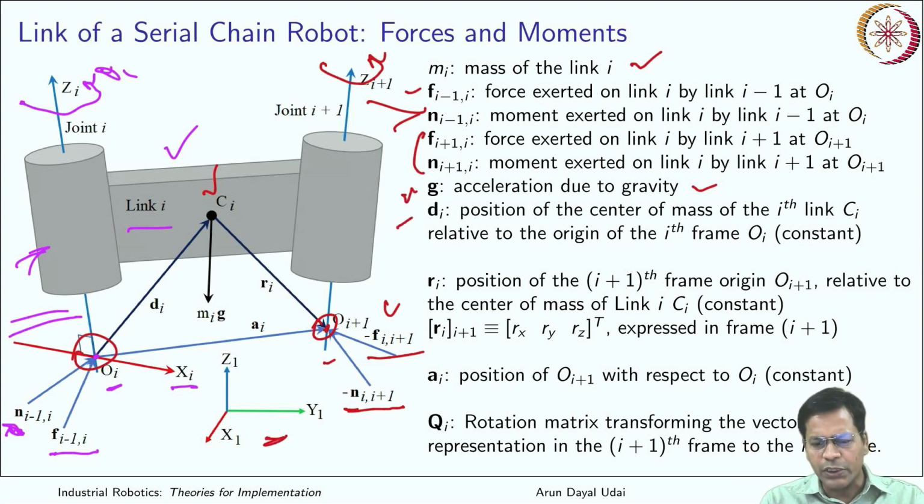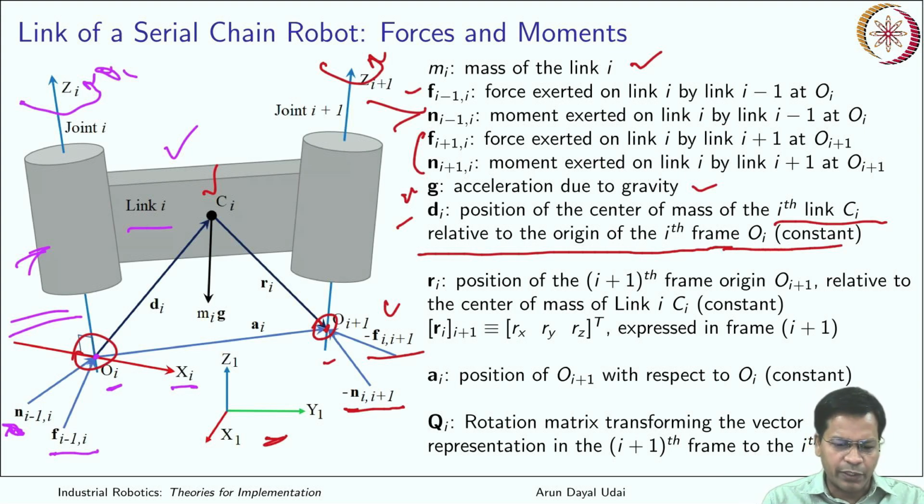Di is the position of center of mass of the ith link, Ci, relative to the origin of the ith frame, Oi. This is virtually constant because with respect to Oi, Ci is not going to change, as long as the robot is assembled and it retains its structure. So that Ci location with respect to Oi is not going to change.